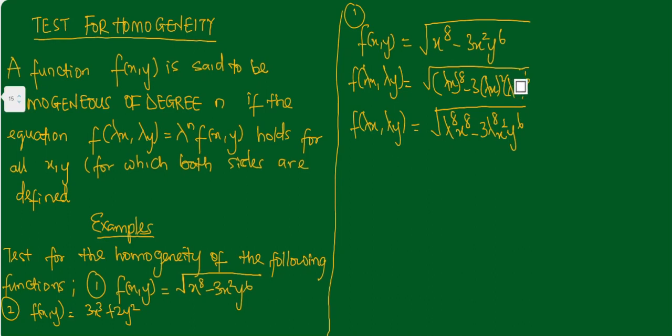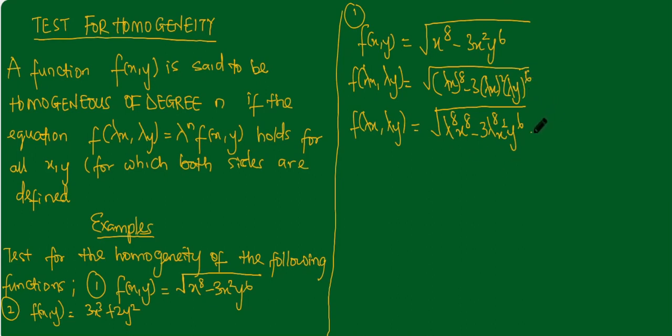So let me rewrite that. In writing this, we have lambda y, everything raised to the power of 6.